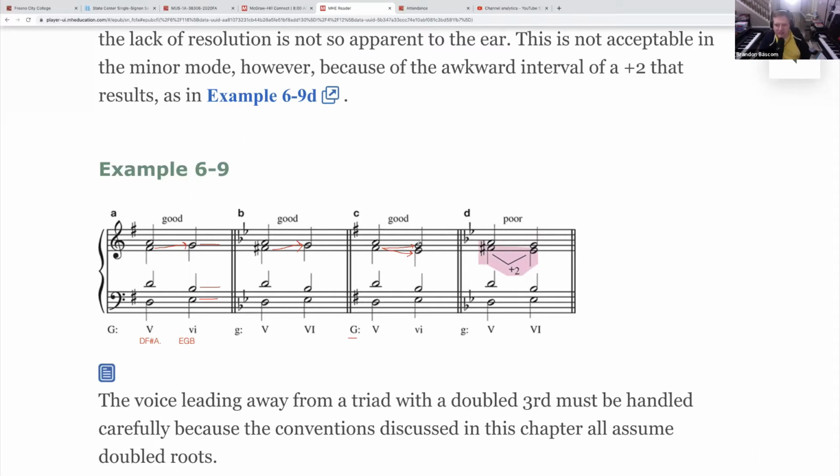Because it's the same. But you can't pull that maneuver in minor is what they're saying, because you get this augmented second interval if you do. And when I play it, you'll hear it.